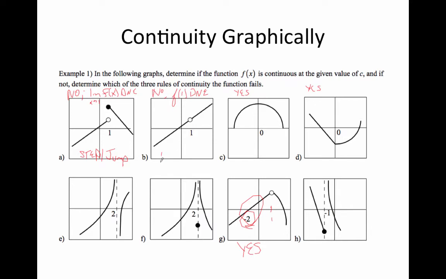In B, we would call that a removable discontinuity because at x equals 1, we have a hole, so the limit exists, but it doesn't equal the function. And if you want another visual example, at graph E, we would call this an infinite discontinuity because on either side of 2, the graph goes off to either positive or negative infinity. This is a vertical asymptote case. Okay, so that's just some review of continuity using graphs.